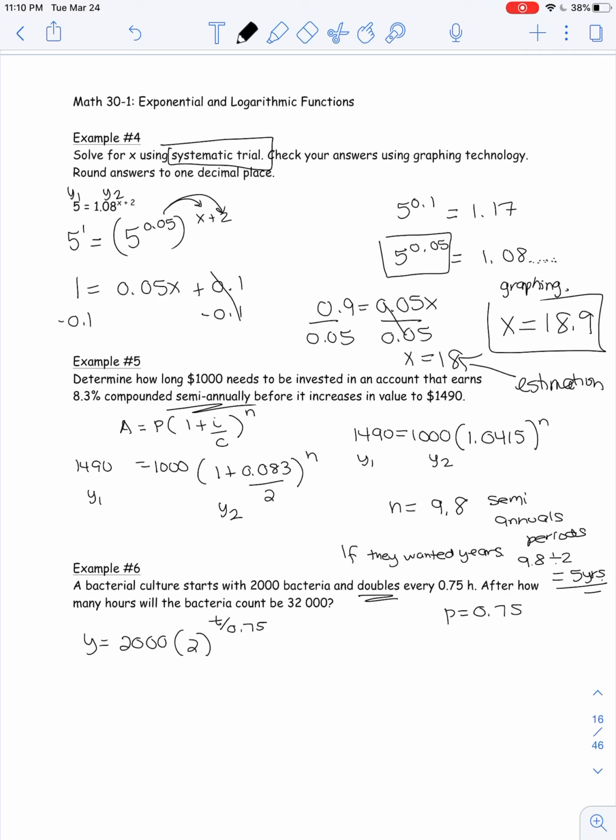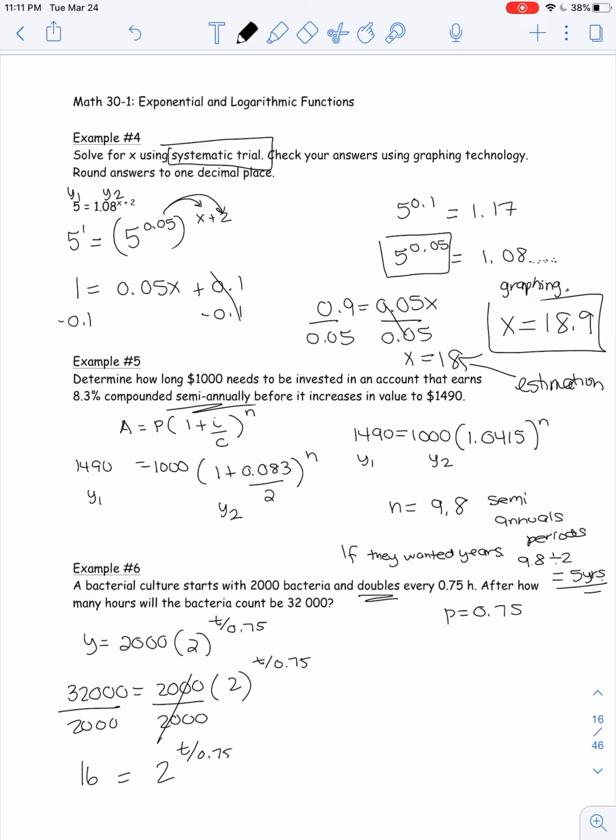What they're saying is, after how many hours will the bacteria count be 32,000? So let's put that into y. Okay, so I'm going to divide both sides by 2,000. So 32,000 divided by 2,000 equals 16.